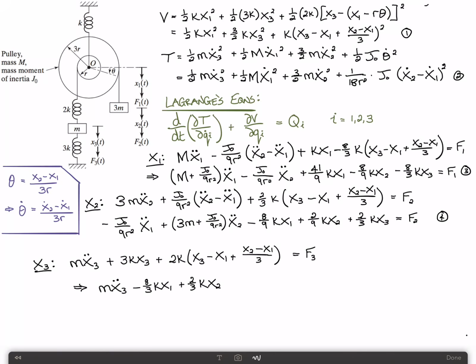So plus 3 plus 2 is plus 5 k x3 is equal to f3, and that's equation 5. So equations 3, 4, and 5 are your equations of motion, and all that's left is to write it in matrix form. I'll do that on the next page.